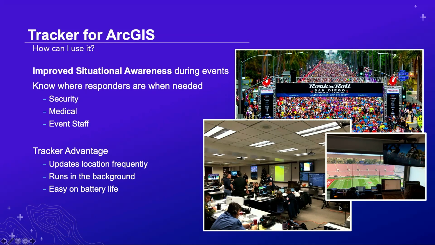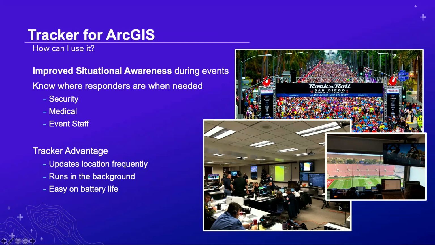Also key to the Tracker solution is that as one of those responders, I need to be able to run this Tracker application on my smartphone device passively in the background, and it needs to run for a full shift. That could be a 10 to 12 hour shift without draining the battery life.